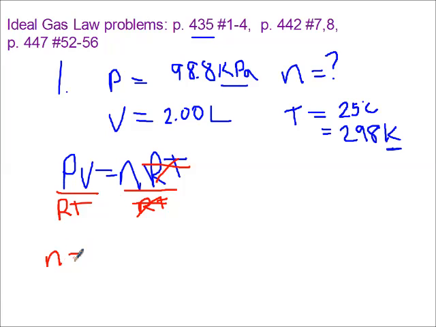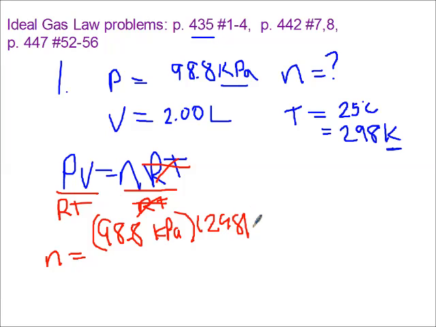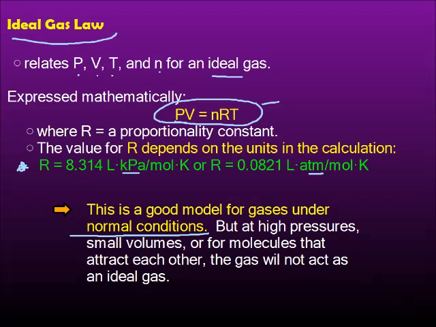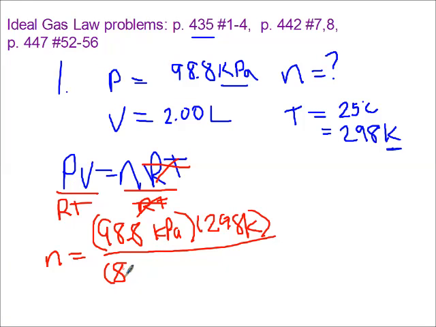So n equals P, which is 98.8 kilopascals, times the volume, 2.00 liters, divided by R times temperature. Which R am I going to use? I look at my kilopascals, and I have to find the R which matches kilopascals right here. So 8.314, with units of liters times kPa divided by moles K. Make sure you write these down.